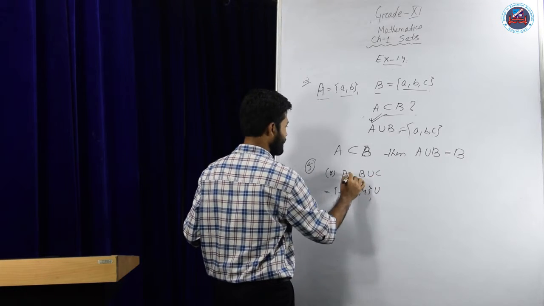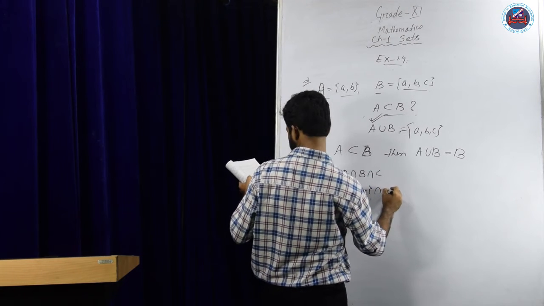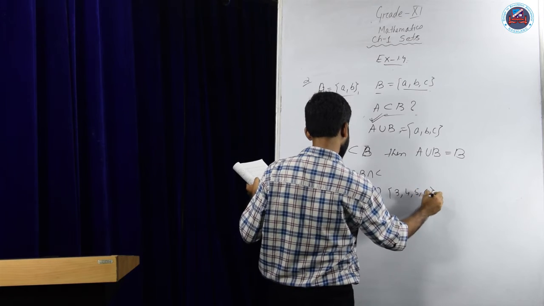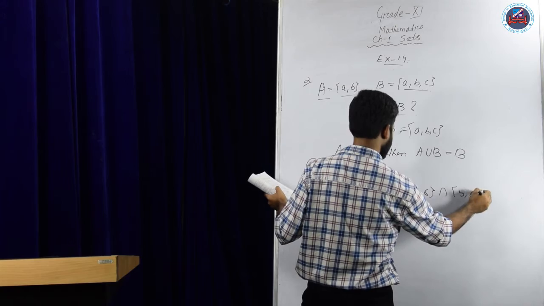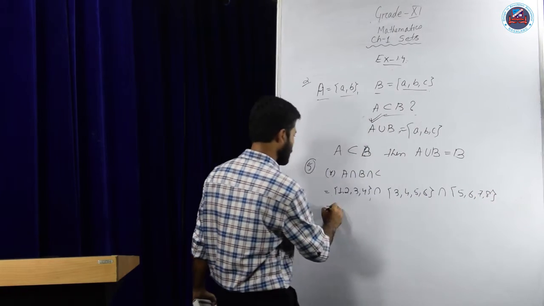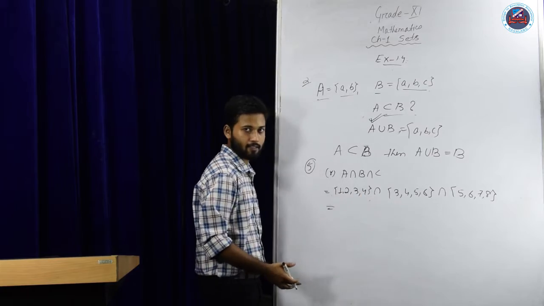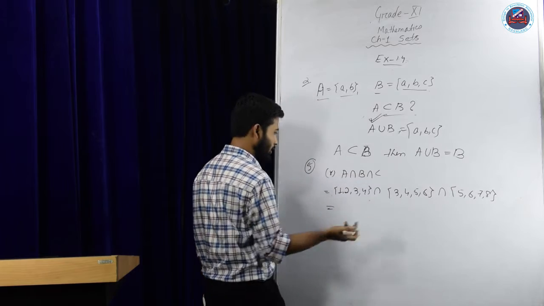Sorry, it's actually intersection. We need to find the intersection. Intersection 3, 4, 5, 6. Intersection 5, 6, 7, 8. So one thing you can do is that you can at first individually take the intersections. That means at first take these two first and intersect that with the third, or you can do it together.